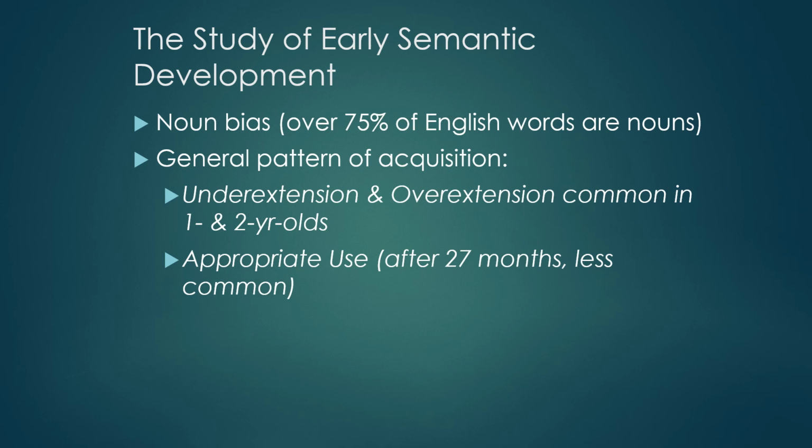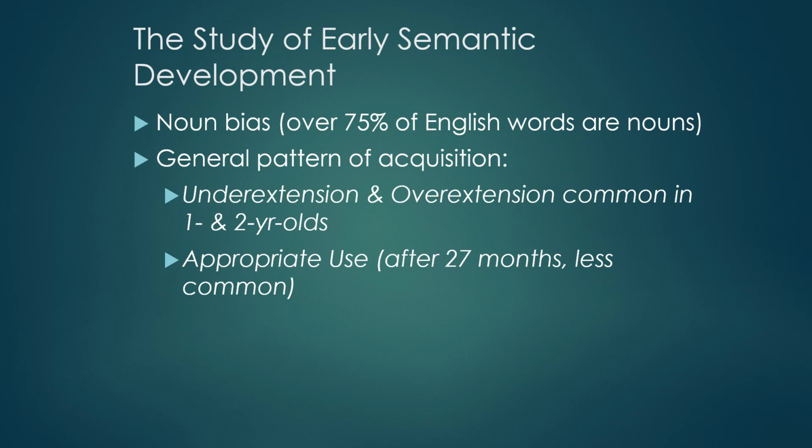For example, a child might call someone dad if they're a man. The child overextends the use of a very specific word, dad, your male parent, to mean all male adults. Another example might be if the child calls a horse dog. The child overextends the specific type of animal label, dog, to label all four-legged creatures.